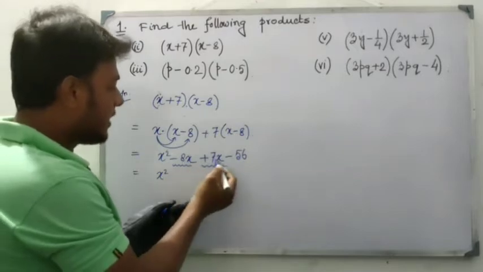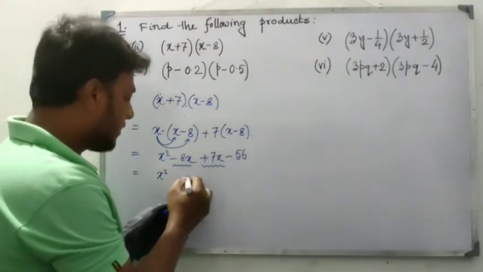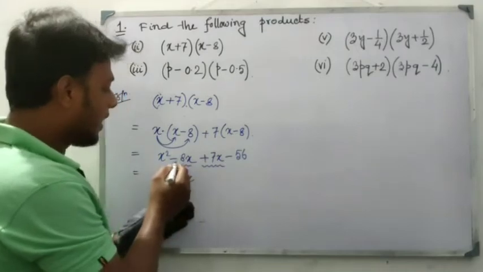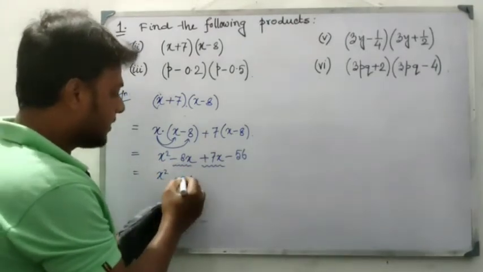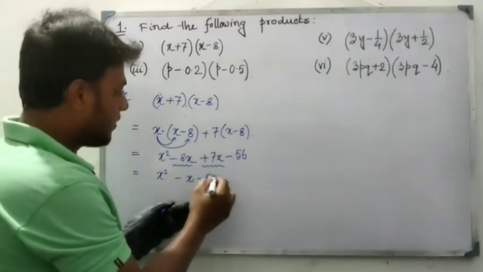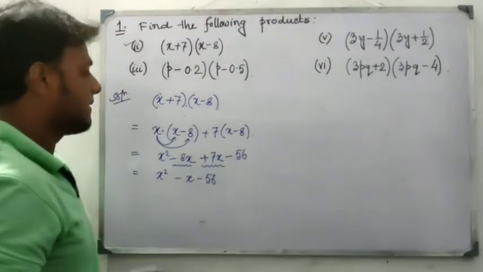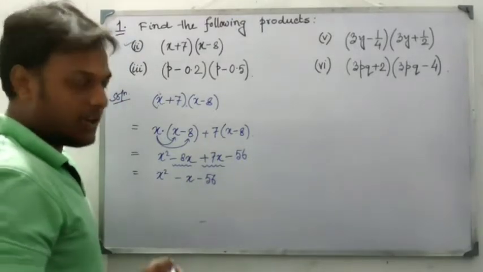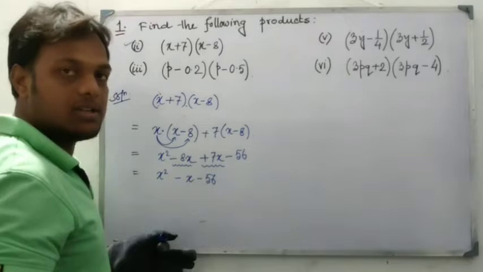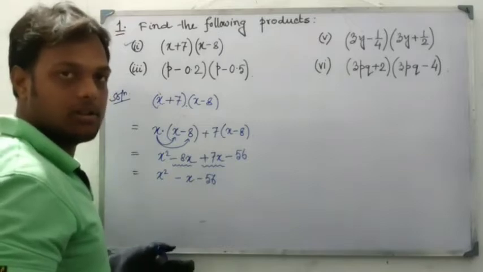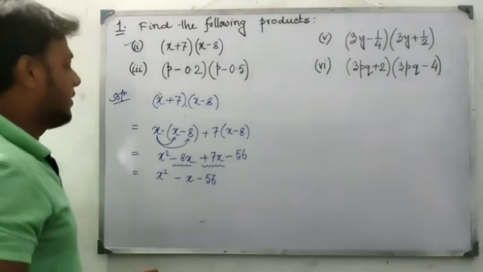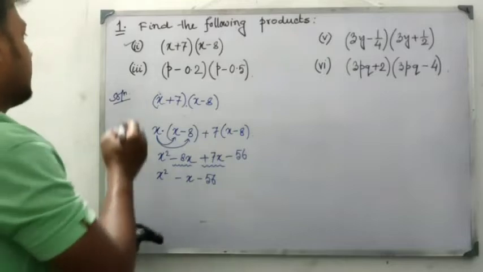So 8x and 7x, if you subtract, then we will get 1 times x, and the sign will be the greater sign. The greater sign is minus, and minus 56. This completes the solution. Understood? This is the first problem. That's why I am solving it very slowly. Do you get it? So this completes the second problem.